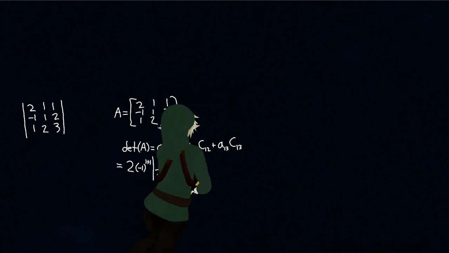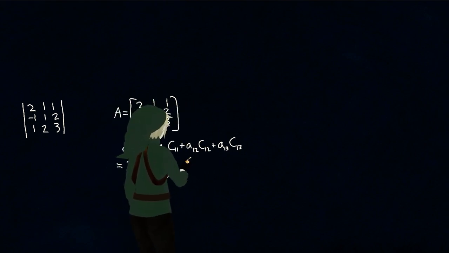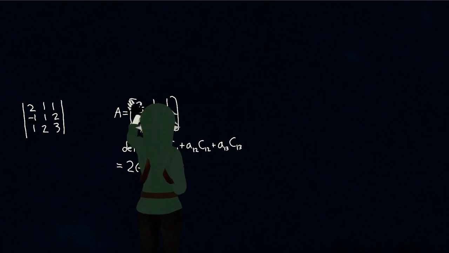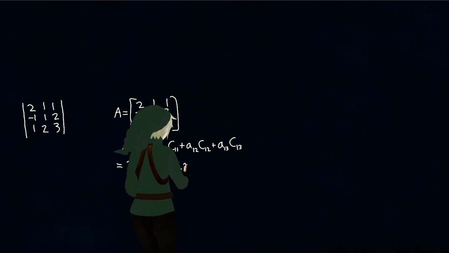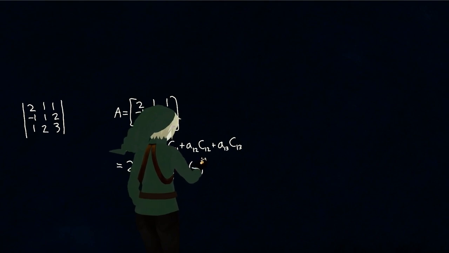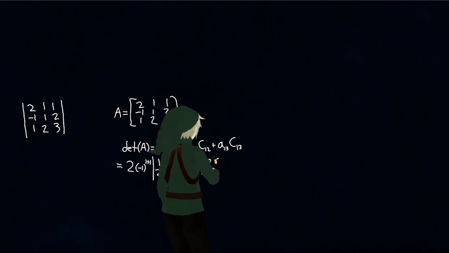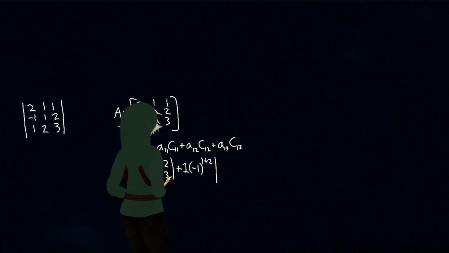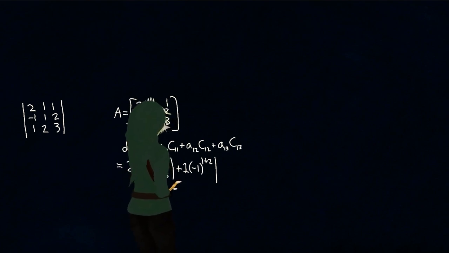And then we continue over here, plus A12. What entry is that? A12 is 1. Then (-1) to the power of 1 plus 2, which is (-1) to the power of 3, so that's going to be negative. We compute the determinant of the submatrix of A12, deleting row 1, column 2.